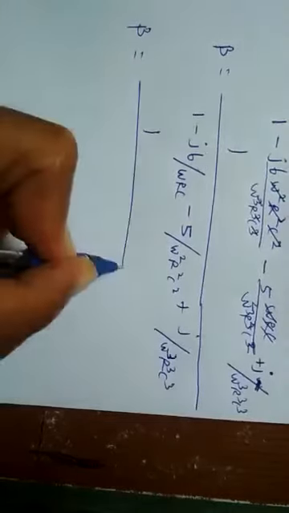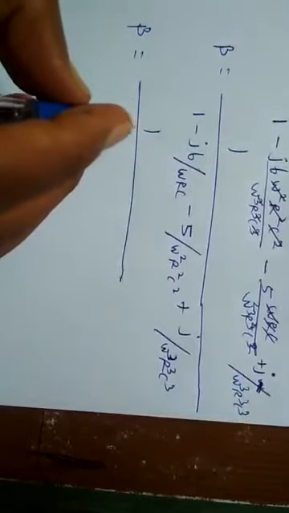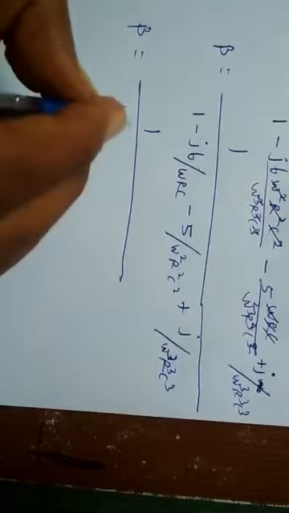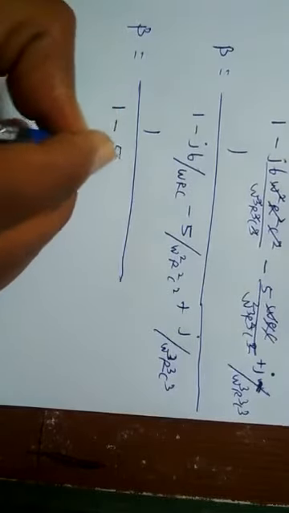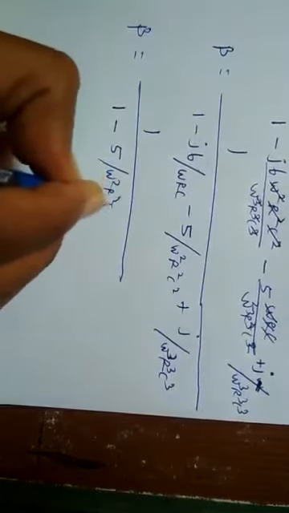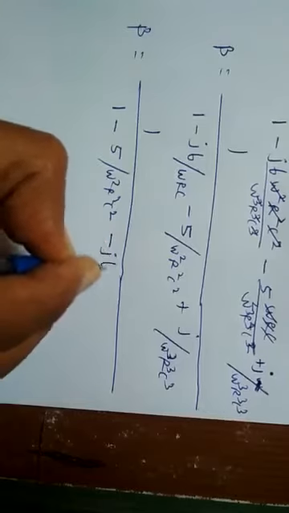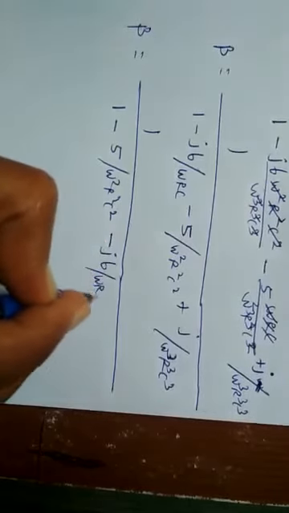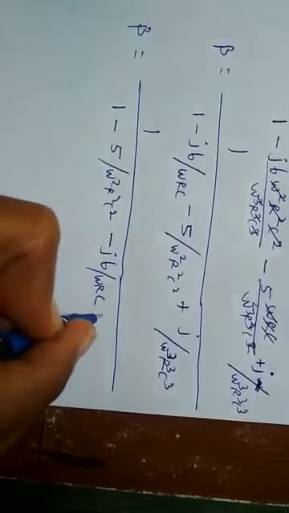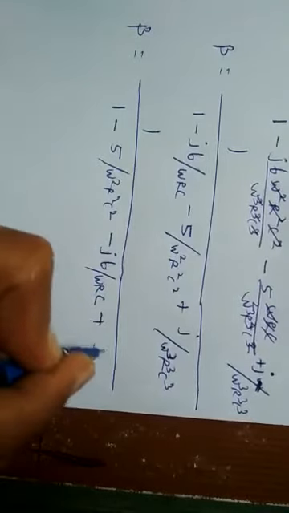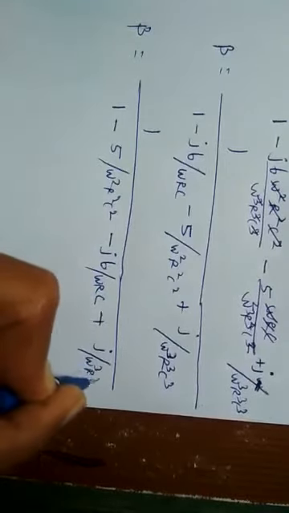And beta equals 1 by 1 minus 5 by omega squared R squared C squared minus j into 6 by omega RC plus j by omega cube R cube C cube.